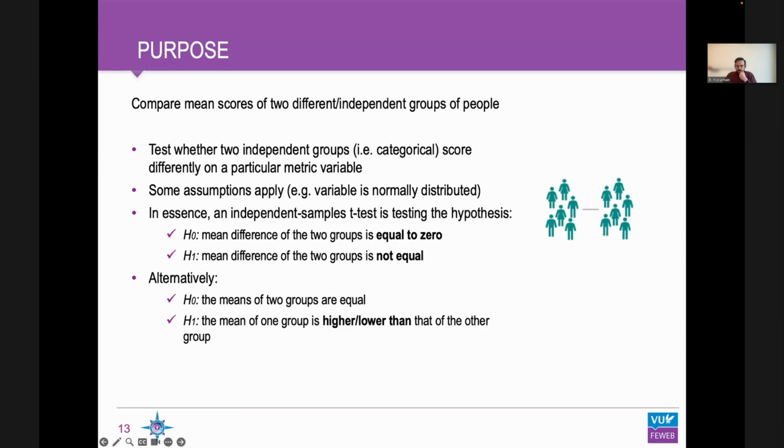Okay, the difference between independent samples t-test and paired t-test is that in the independent samples, as the name indicates, you have independent samples. Maybe this is a good example: let's say the university handed out a survey at the end of the first year, and they hand out the same survey at the end of the second year.